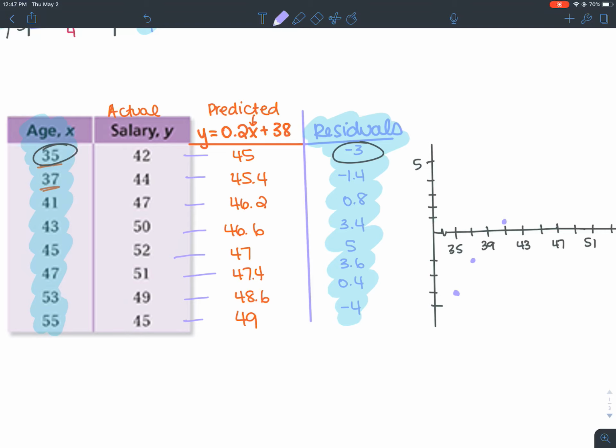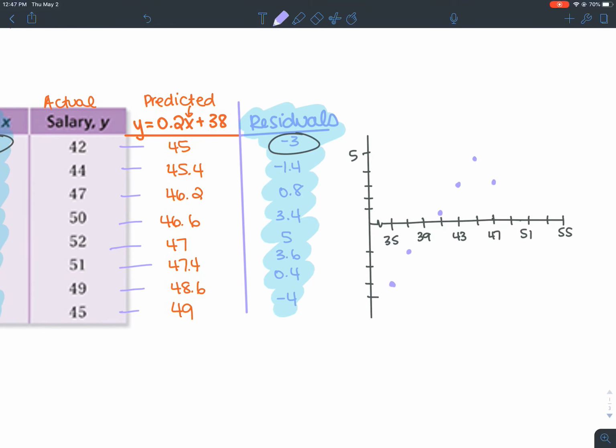And then we have 43 and 3.4. And then we have 45 and 5. 47 and 3.6. Skip a little bit, go over to 53, and that has a residual of 0.4. And 55 has a residual of negative 4.